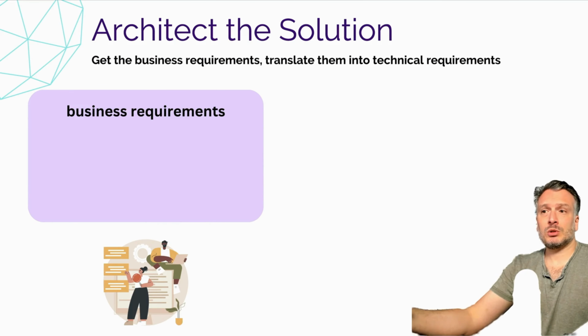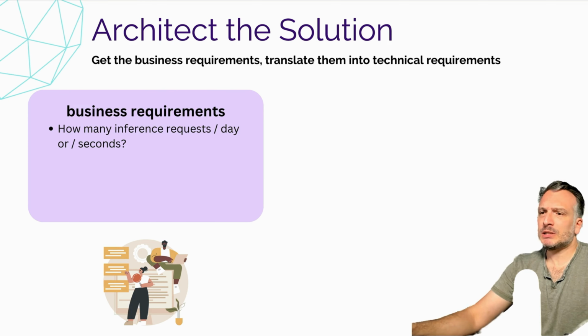So at this point, we understood the product that we need to build. We understood the complexity of the project, and we chose the right project based on gain and cost. So now comes the time to architect the solution. We have some business requirements, and we need to translate those into technical requirements.